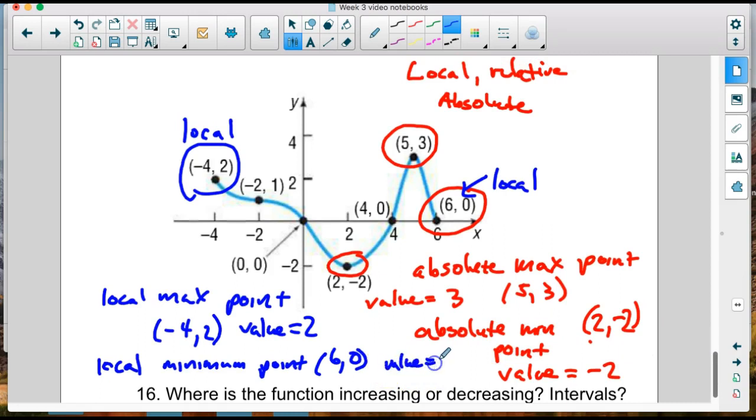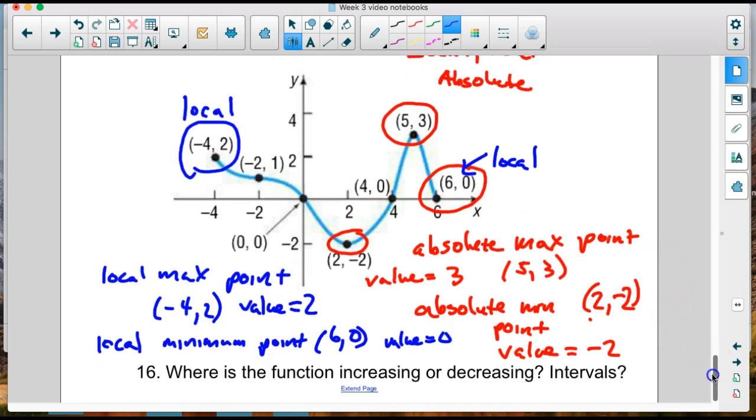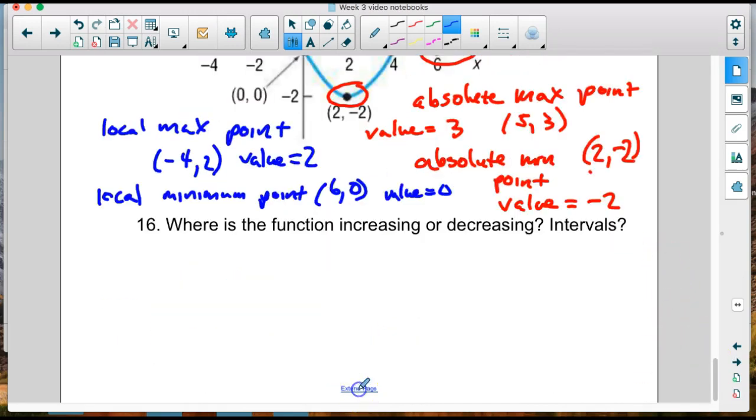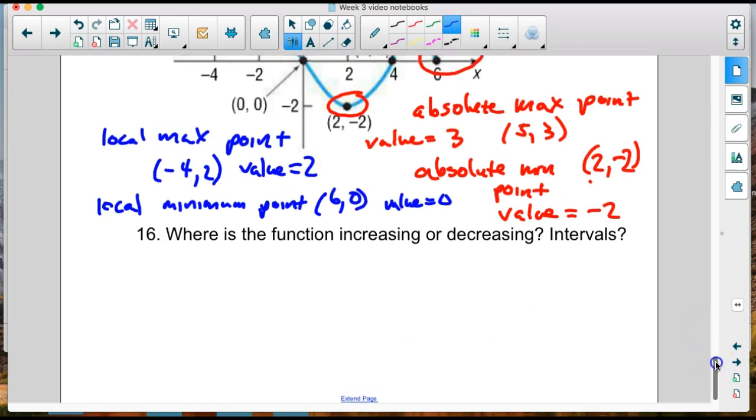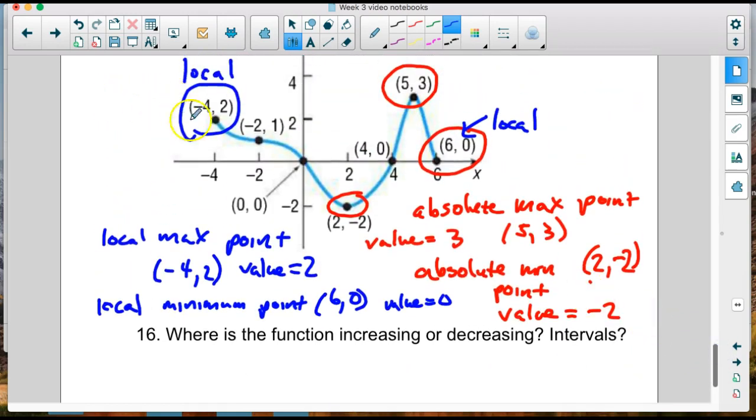If they want to know the value of the point. All right. The last question we're going to ask is about intervals of increasing or decreasing. We can see on this graph, if you look from left to right, the function is going down, starting at a local maximum point. It decreases till it gets to the minimum point.